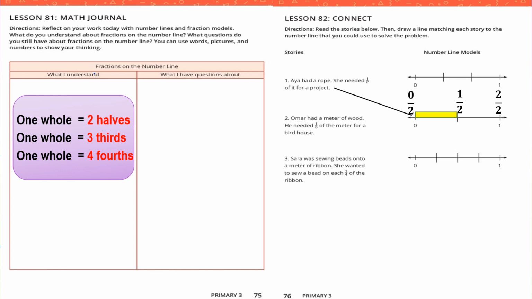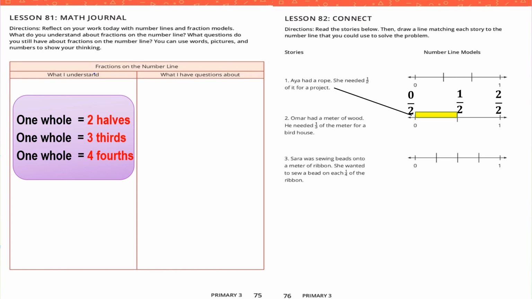Or another way, how many dashes do we need to make 3 equal parts on the number line? Subtract 1 from the denominator. How many dashes? 2 dashes. We want 2 dashes to make 3 equal parts.